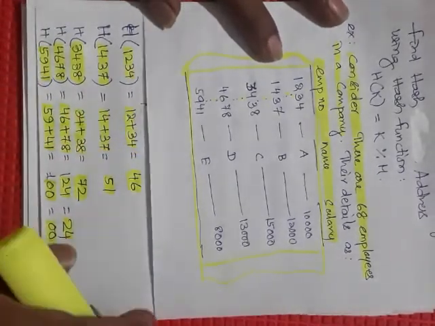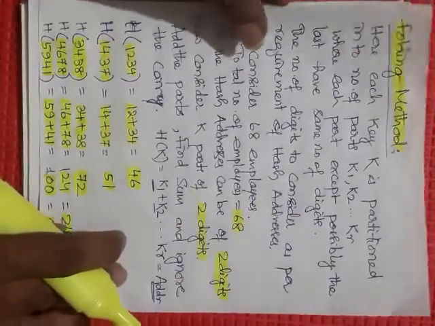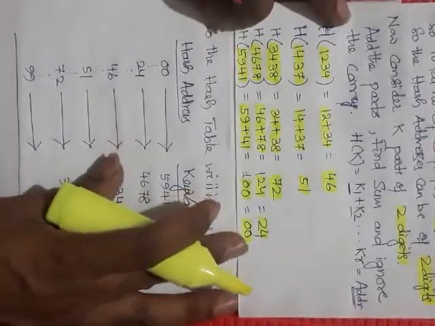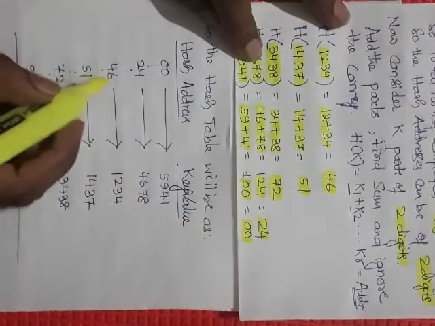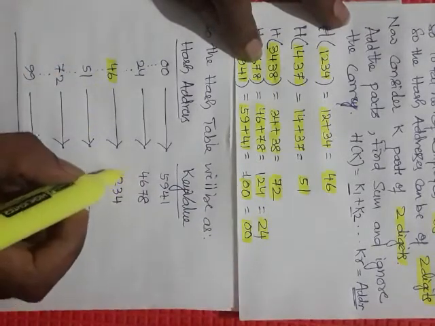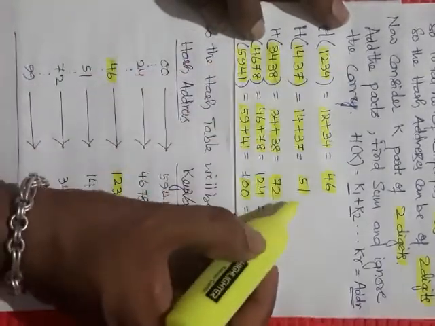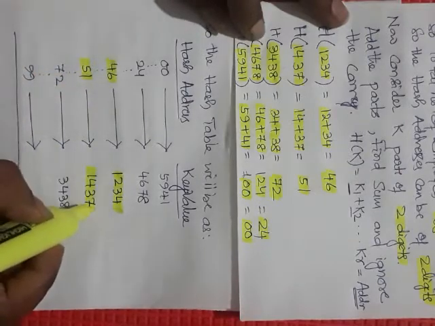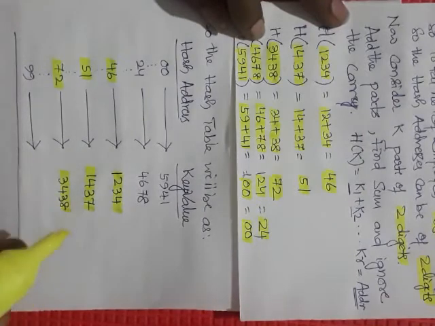So now let us see the hash table accordingly. In the hash table, 1234 generated 46, so you can observe that in address 46, 1234 is stored. Similarly, 1437 generated 51, so in address 51, 1437 is stored. 3438 generated 72, so 72 contains 3438.